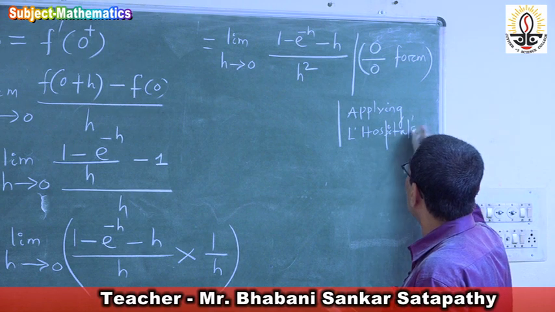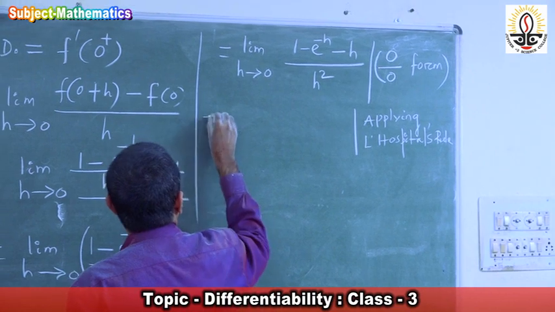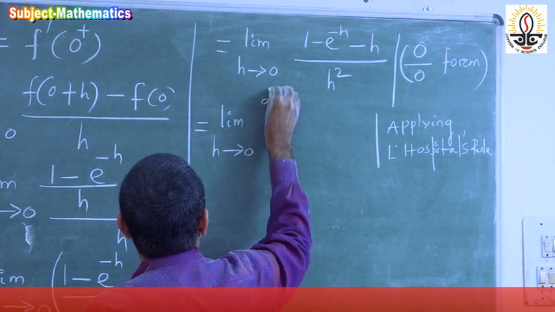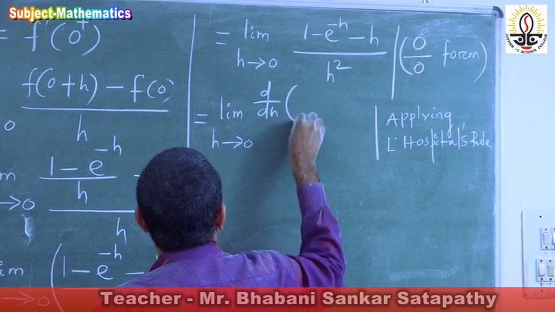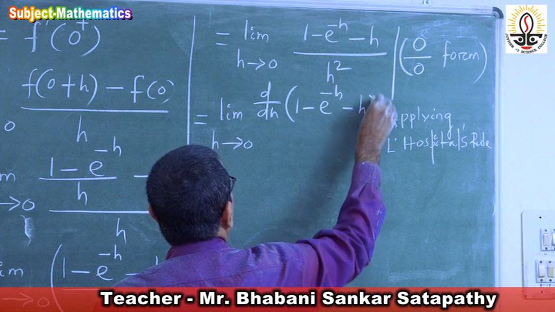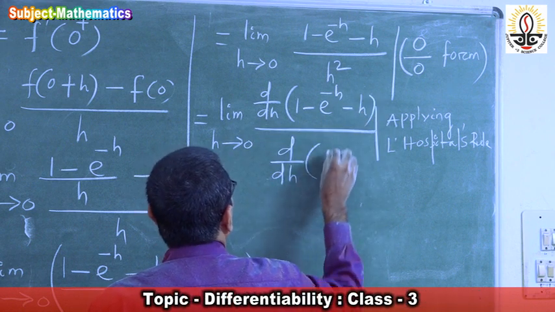Applying L'Hopital's rule, you will get limit h approaches 0, d by dh of (1 minus e to the power minus h) divided by d by dh of h square.